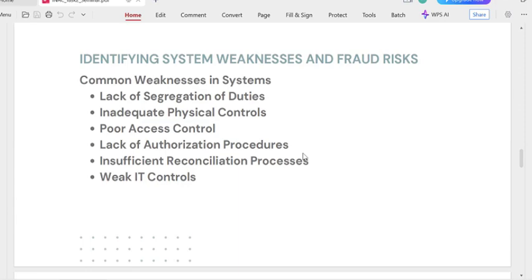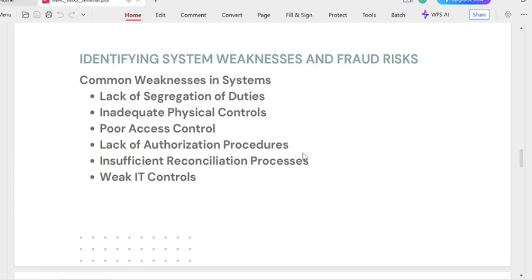Problem is that in this type of system, there is a high risk of fraud because that person doesn't need to talk to anyone. All he needs to do is to just take the cash and misappropriate it.